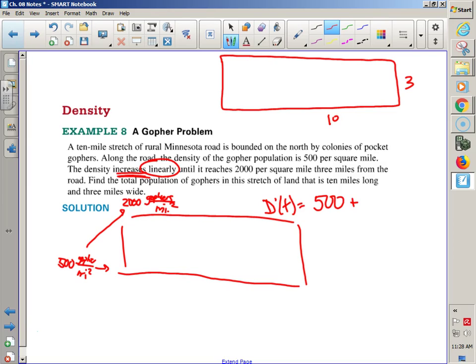Ooh, at 3. Yeah, so you could think about it that way. You have 0, 500 when you're talking about d prime, and then you have 3, 2,000. So 0 miles from the road, and then 3 miles from the road.